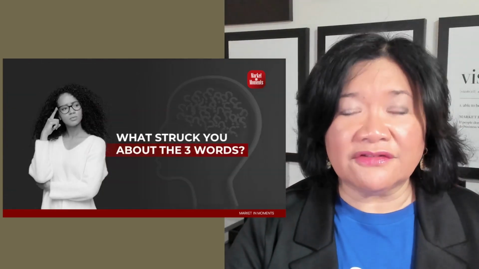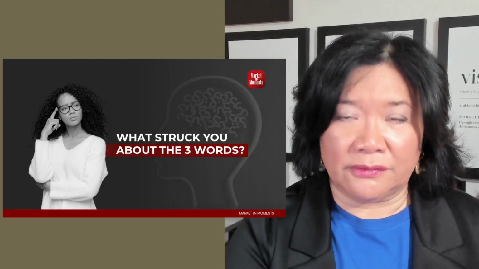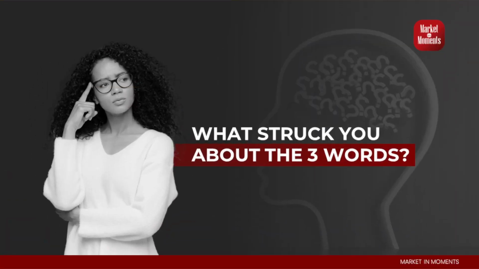So for you, these three words, what stuck and struck you, all right, because this is important. And a lot of times, even when somebody's introducing you to their circle of influence, I ask you to slow down and listen. See what words they use, or what they put into the email introduction, or maybe they did the intro on socials.